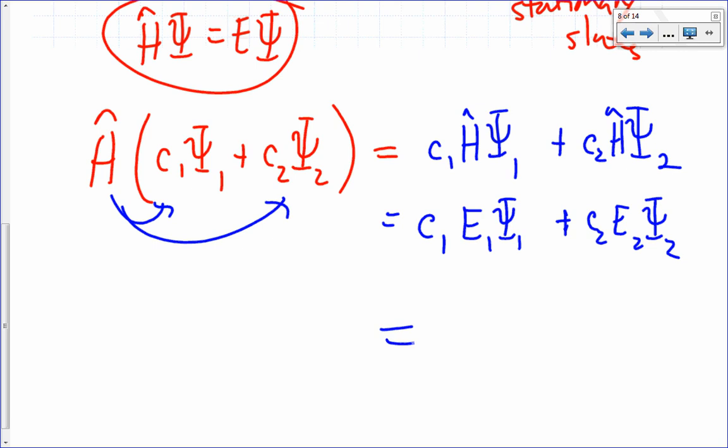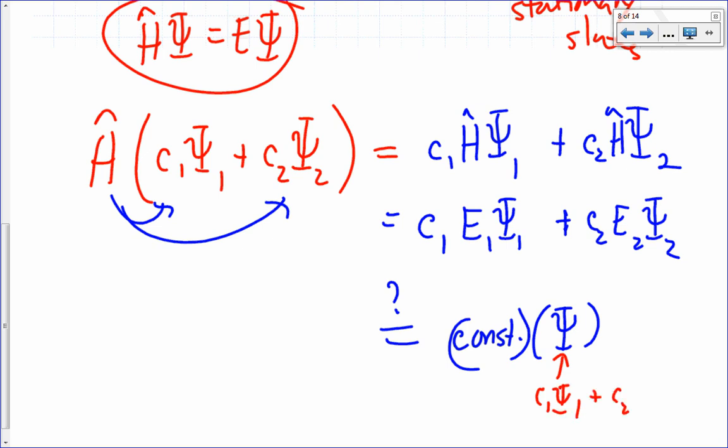Is that equal to a constant times the original psi? My original psi is C1 psi 1 plus C2 psi 2. Can I pull out the constant there? What would be my constant?